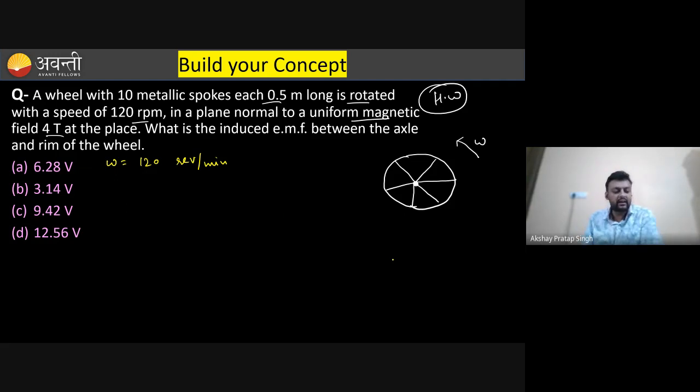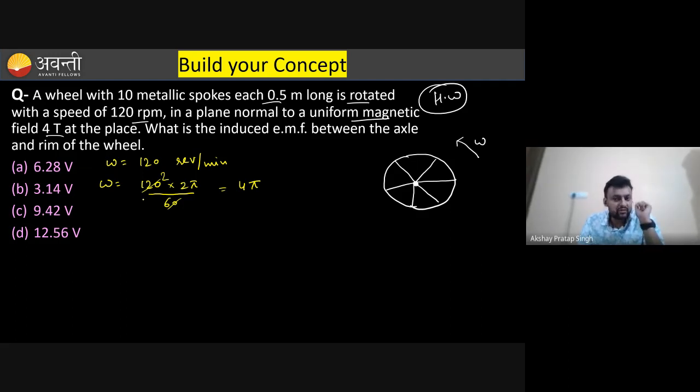Omega is equal to 120, revolution means 2 pi radians, divided by a minute, which can be converted into 60 seconds. So this is going to be 2 into 2, that is 4 pi. I hope it is clear. So omega is 4 pi radians per second.